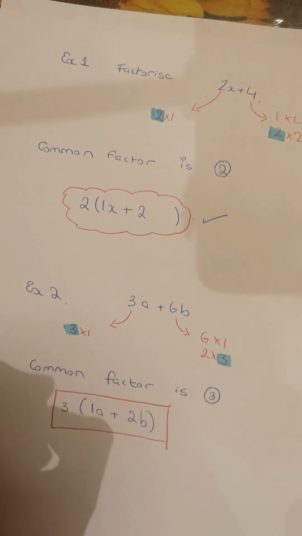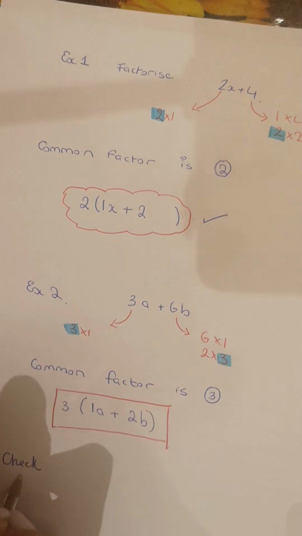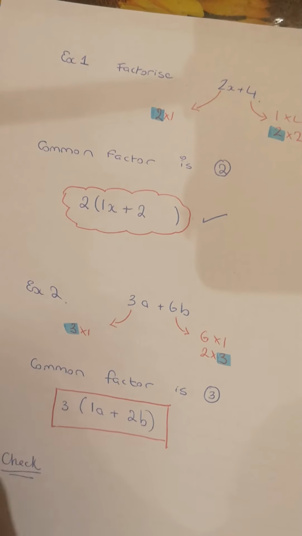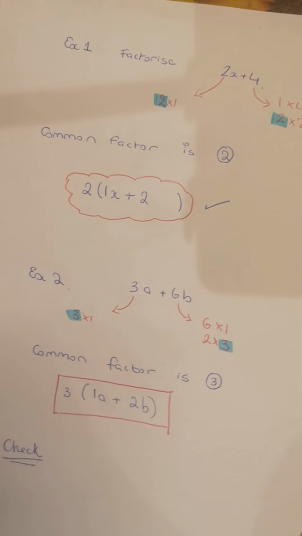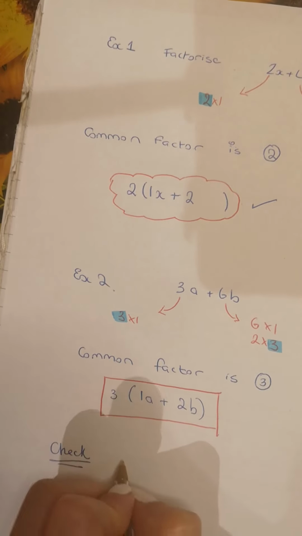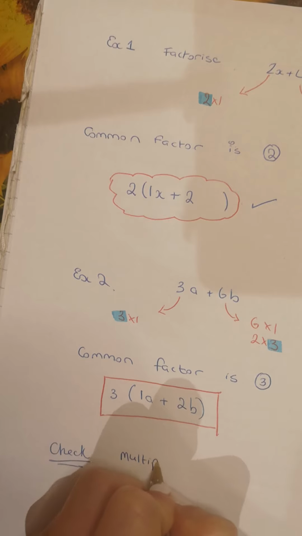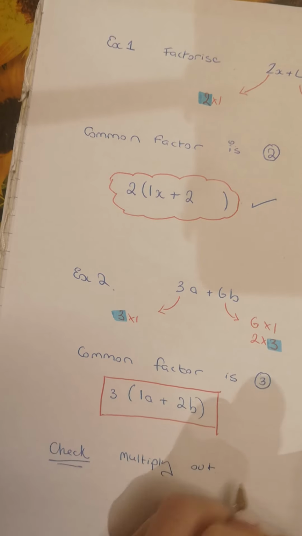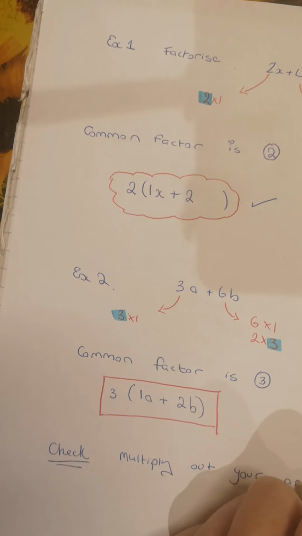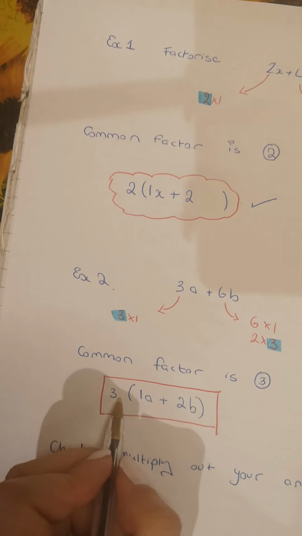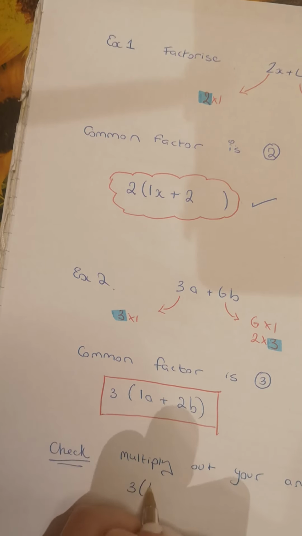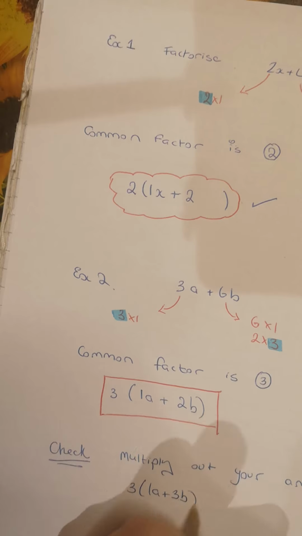If you want to check, let's just say you're doing it and you're wondering, am I right or not? Easy way to check, very handy, is multiply out your answer. So let's do this. This is my answer. Let's multiply it out.